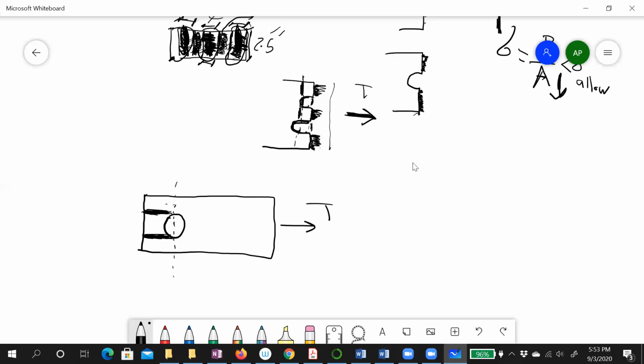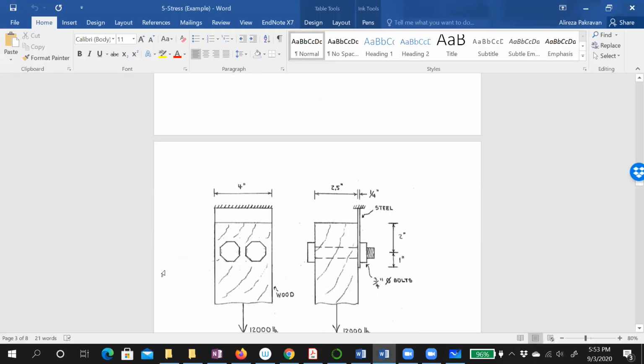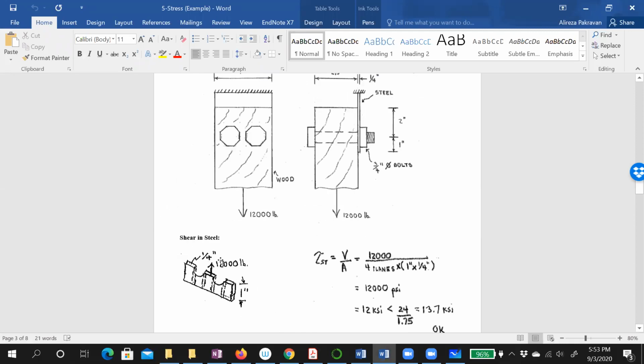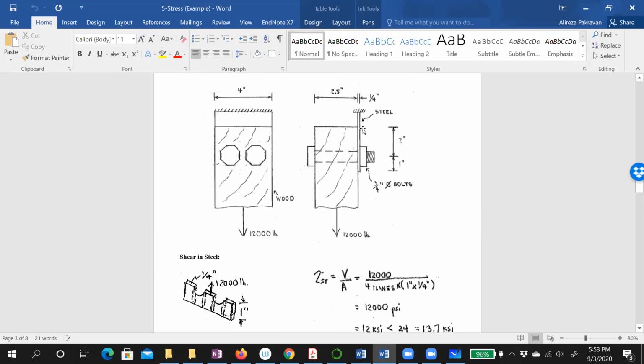And now I just want to show you how we can calculate the stress at this region, right? So this is 2D, it's good for a start. Now if you go back to the problem for the shear, it's kind of like that, right? Look at this steel plate. If you apply the force, the reaction goes there. And then look at this edge of the steel. From the center of the bolt to this edge is 1 inch, right?